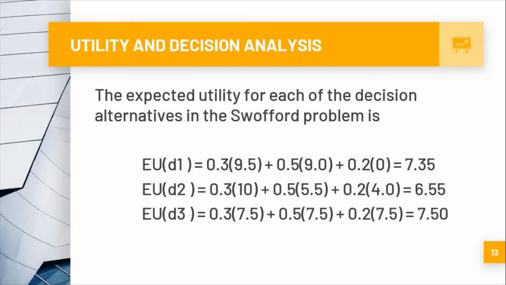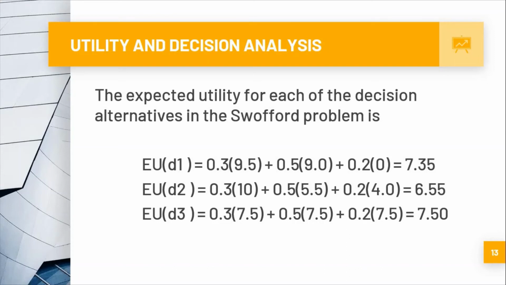Now, the expected utility for each of the decision alternatives in this problem is the following. Investment A, or D1, equals 7.35, investment B, or D2, equals 6.55, and do not invest, or D3, equals 7.50. That can be seen as the highest among the rest.